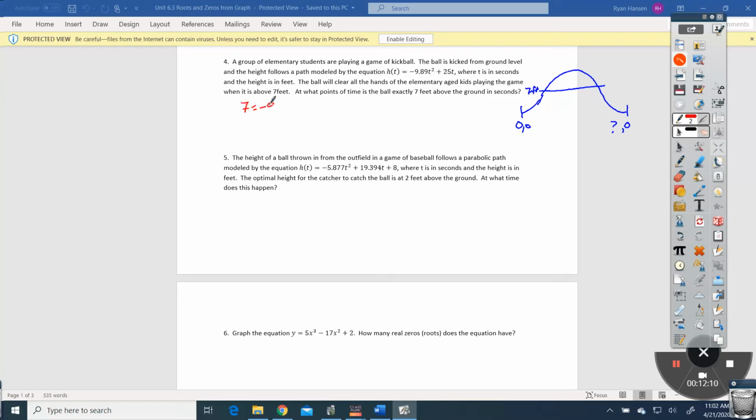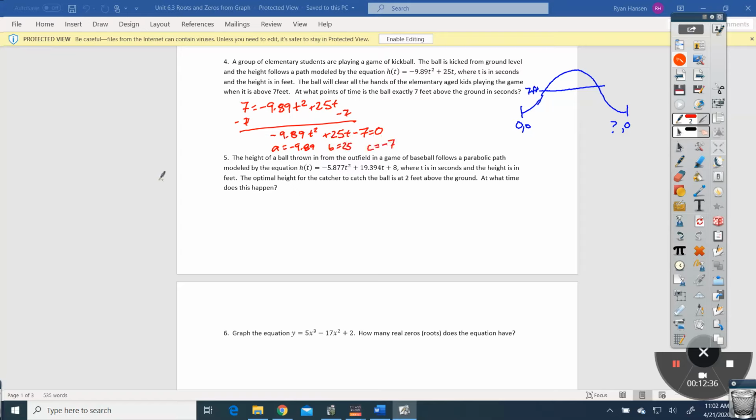So 7 equals negative 9.89 t squared plus 25t. Now we make it equal to 0. So now I have negative 9.89 t squared plus 25t minus 7 equals 0. So this is A, B is 25, and C is negative 7.